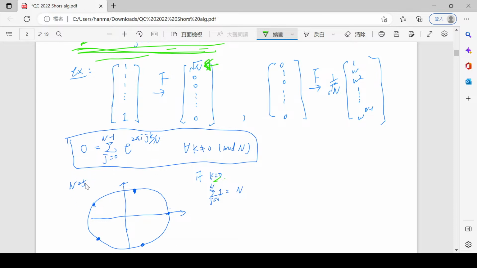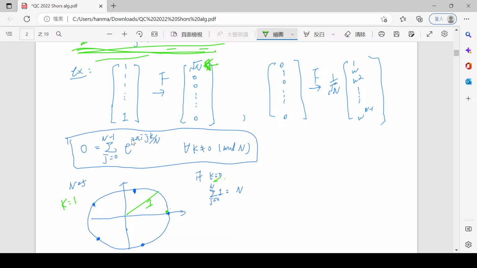For example, n equal to 5, and you think about summing over all those points. Let's say k equal to 1. Then what are the points you are summing over? You just sum with j from 0 to n minus 1. This is the complex plane, real axis, imaginary axis, and this is a unit circle, right?